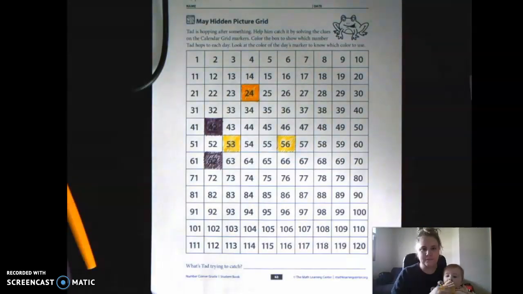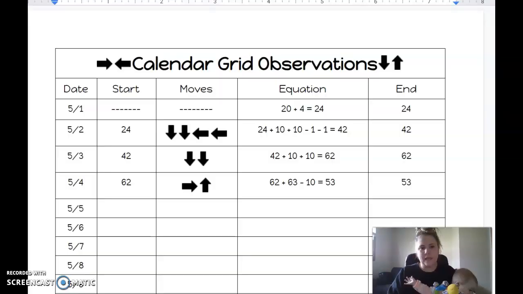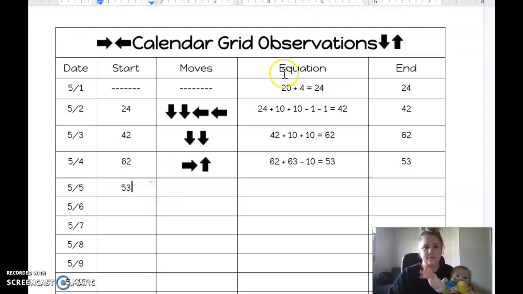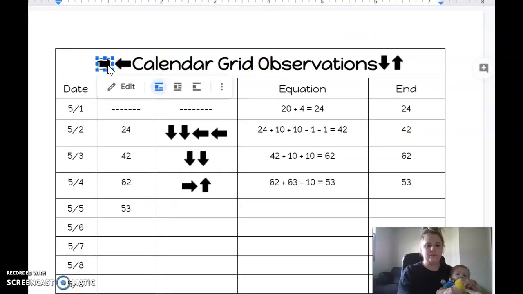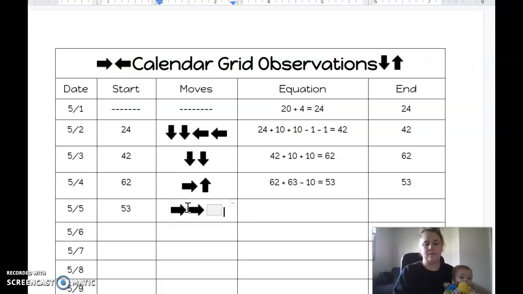Perfect. We ended on number 56. Let's log that. So today is May 5th. We started on 53. We went 3 to the right. 1, 2, 3.